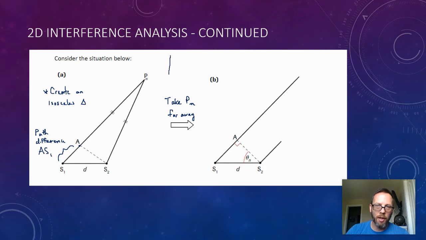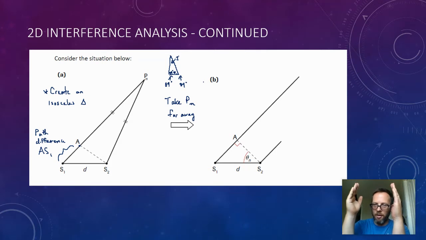If you have an isosceles triangle and the top angle is 2 degrees, then the angles at the bottom are 89 degrees and 89 degrees. If you go farther and farther away, the angle up top gets smaller and smaller, and the two other angles get close to 90 degrees. With two 90-degree angles, they're going to be parallel lines.